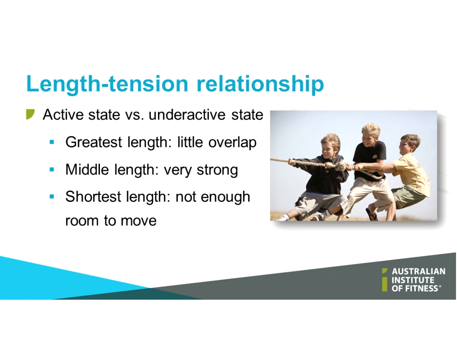The relationship between the tension developed and how it's influenced at any point in a muscle's available length is termed the length-tension relationship. So when a muscle is in an underactive state and there is less overlap of actin and myosin and fewer cross bridges, it is harder to generate muscle tension.